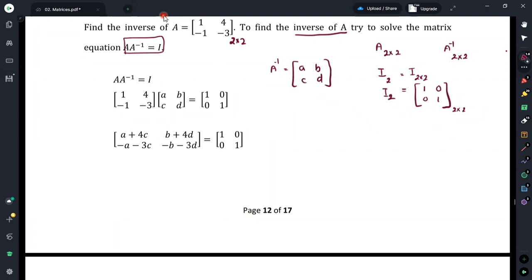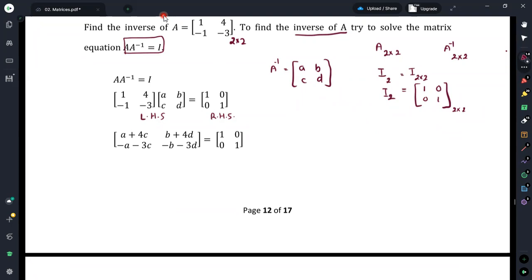Now it is the concept of equal matrices. Here, on the left hand side we have a matrix multiplication, and on the right hand side we have a matrix. Using the concept of equal matrices with this multiplication, we may not be able to find the answer easily.